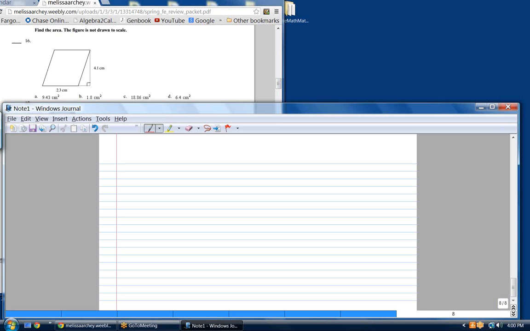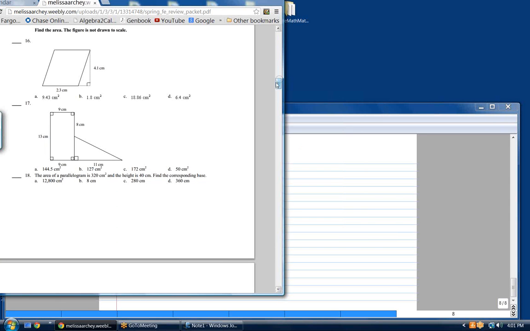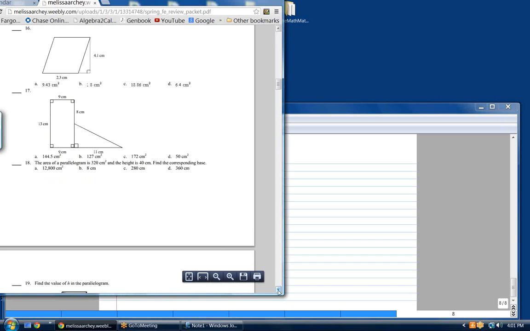Okay, so what's the answer? 2.3 times 4.1, 9.43. Okay, it's pretty straightforward. What's this doing on the test? It almost seems too easy. Compared to every other problem we've encountered, that one is bizarrely easy.